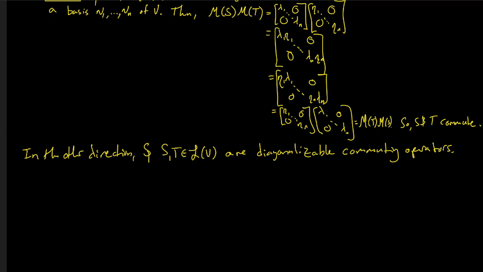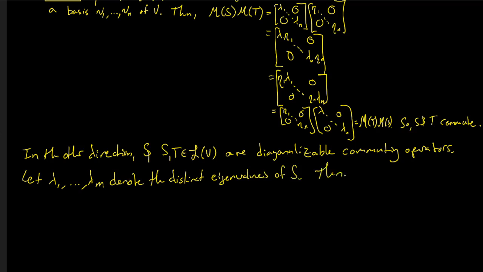So to do this, let lambda 1 through lambda m denote the distinct eigenvalues of S. Then we have, and this came from something we did last time, V is equal to the direct sum of E(lambda 1, S) plus dot dot dot all the way down through E(lambda m, S).